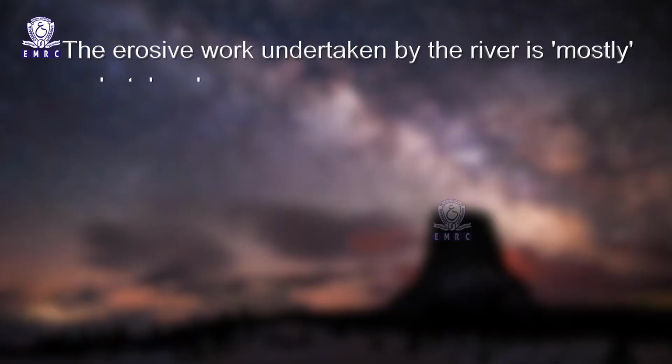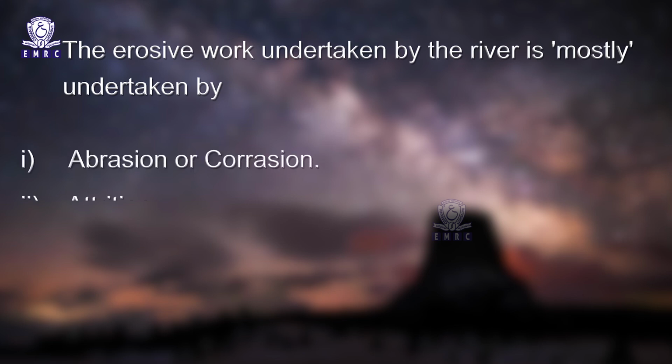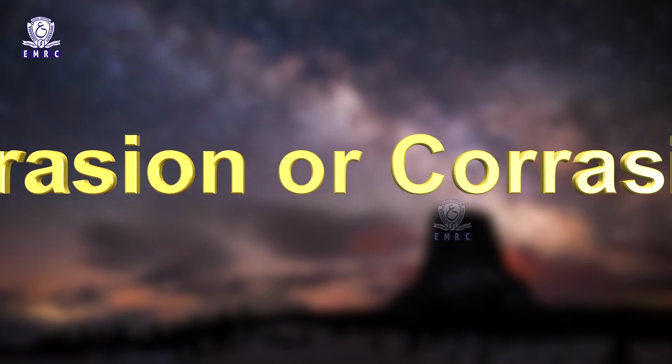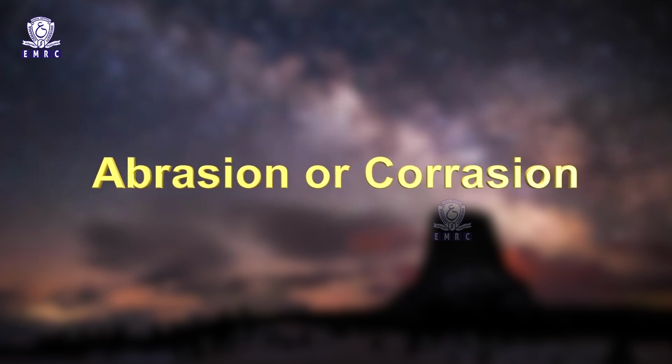The erosive work undertaken by the river is mostly undertaken by: 1. Abrasion or corrasion, 2. Attrition, 3. Hydraulic action, and 4. Corrosion. Abrasion or corrasion. Abrasion is the mechanism of breakdown of the rocks by the erosional tools carried by the river.